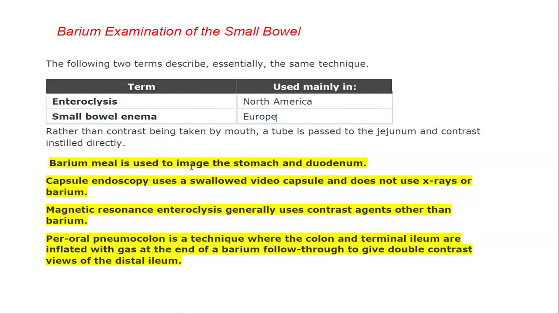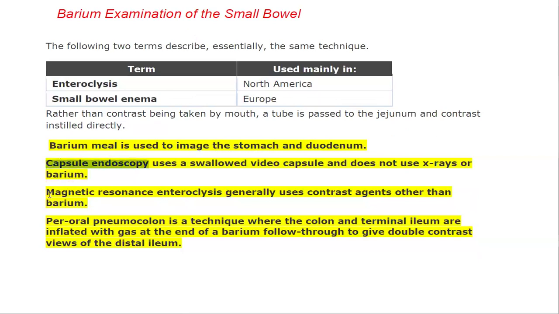Barium meal is used to image the stomach and duodenum. This is quite simple. Capsule endoscopy uses a swallowed capsule and does not use X-rays or barium. It's very important. Magnetic resonance enterography generally uses contrast agents other than barium.